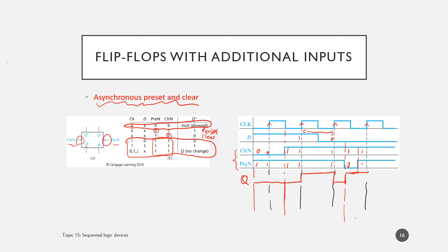So it will keep the same value until the next edge. At the next edge, D equals 0, so Q has to go back to 0. Okay, so you got the idea. With the asynchronous input, you need to be aware when those inputs change, because that could change your output, even though there is no clock edge.